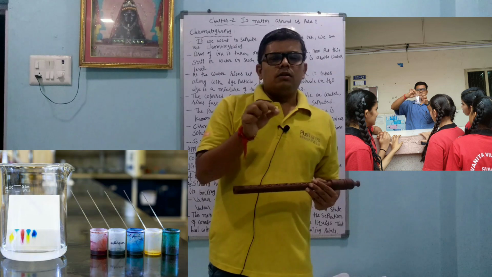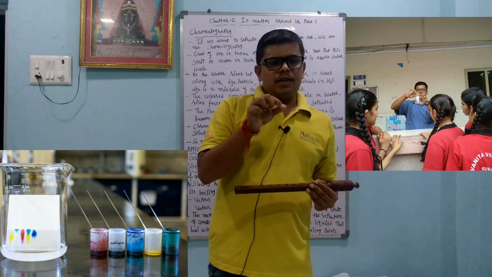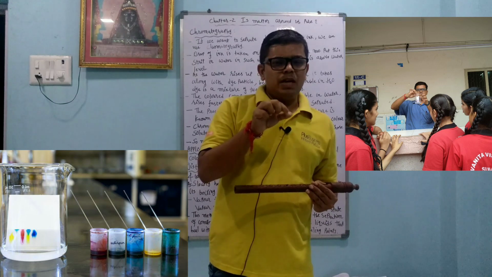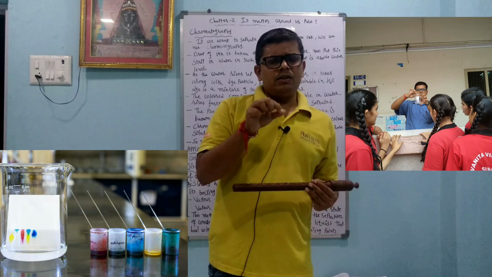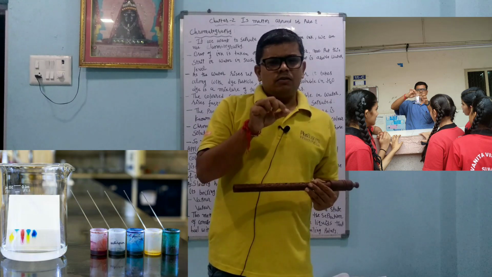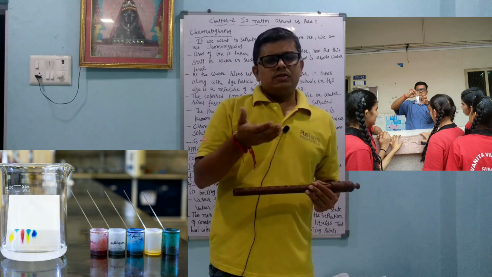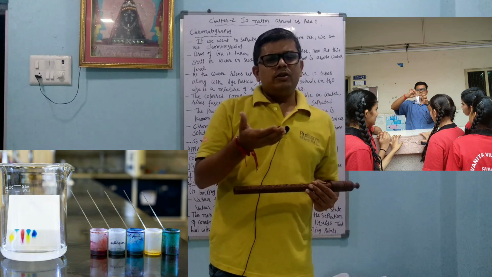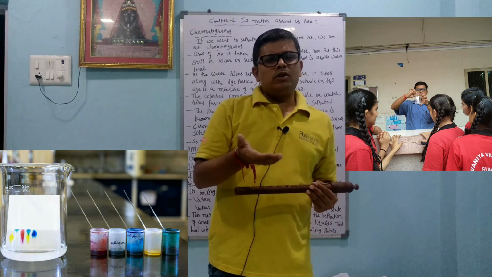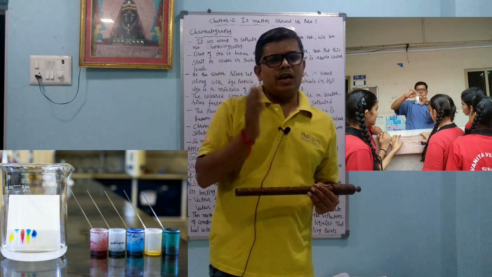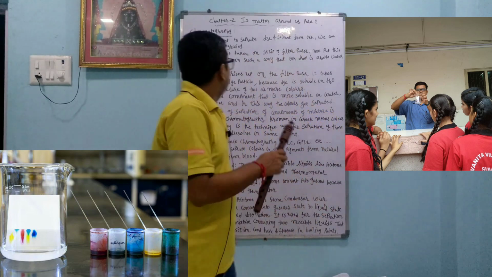Then the strip of filter paper is kept in a beaker which contains water. We take care that the water level is below the mark. As water rises, some components in the ink are soluble in the water, so with the water they also go in the upward direction. Like that we can separate the different components of the ink.